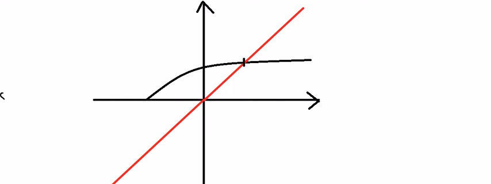Next, from O, this is the origin, to this point in here, we have the same length from O to here. So we use this intersection in here to connect to this one, and we put it like this. And now this is the inverse function.